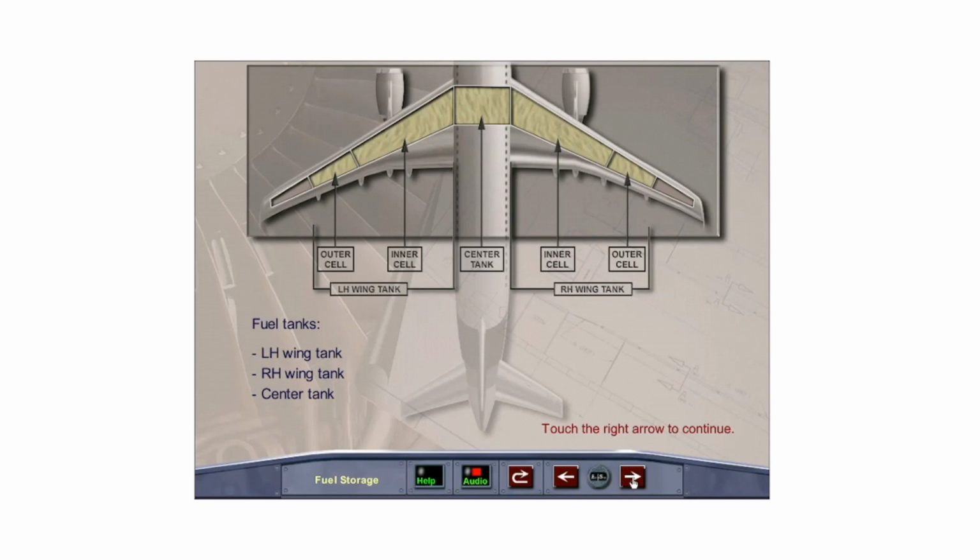The fuel is stored in 3 tanks: the left-hand wing tank, the right-hand wing tank, and the center tank. The wing tanks are further divided into an inner cell and an outer cell.